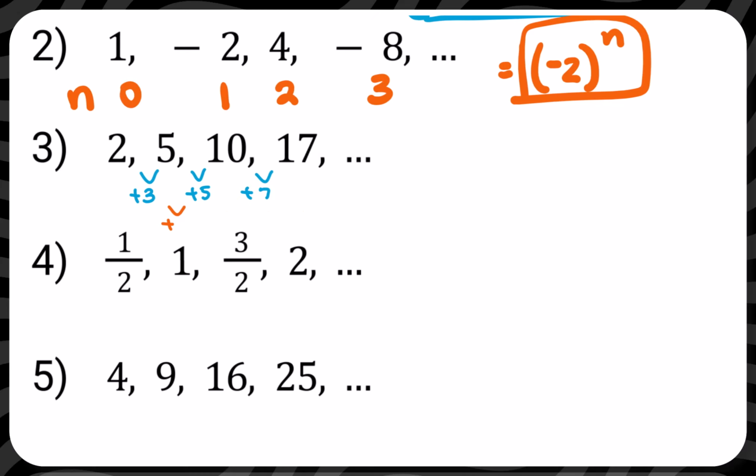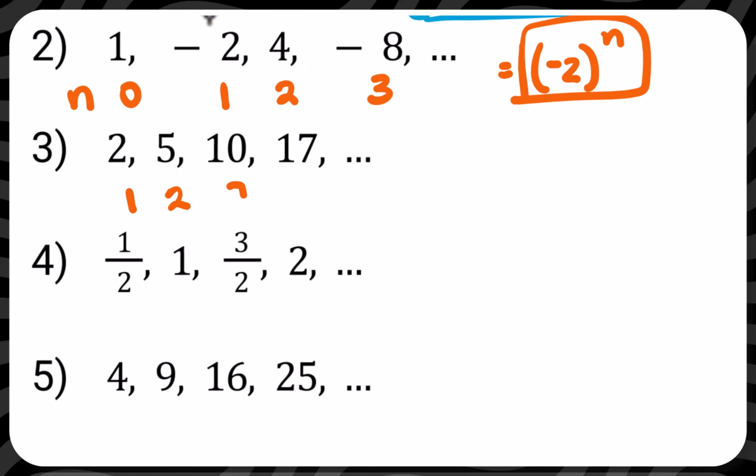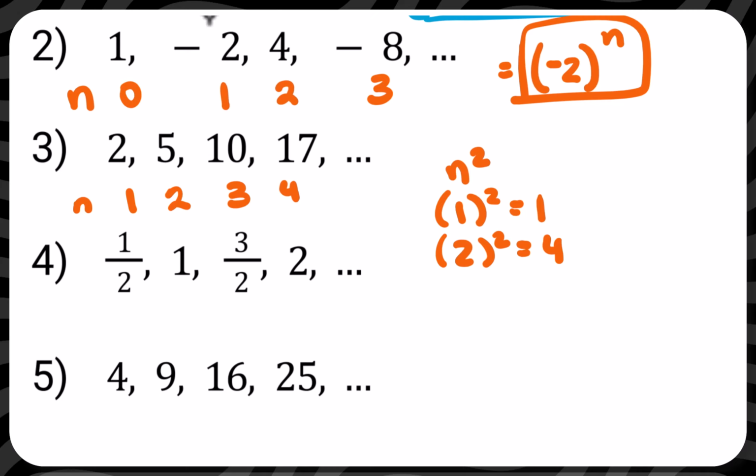So I am going to erase all of this stuff. The reason why I did that is because that is going to help me start my sequence. So I think it's quadratic, which means squared. But if I square a 1, I don't get 2. I get a 1. If I square a 2, I get 4. I'm supposed to make this a 2, and I'm supposed to make this number a 5.